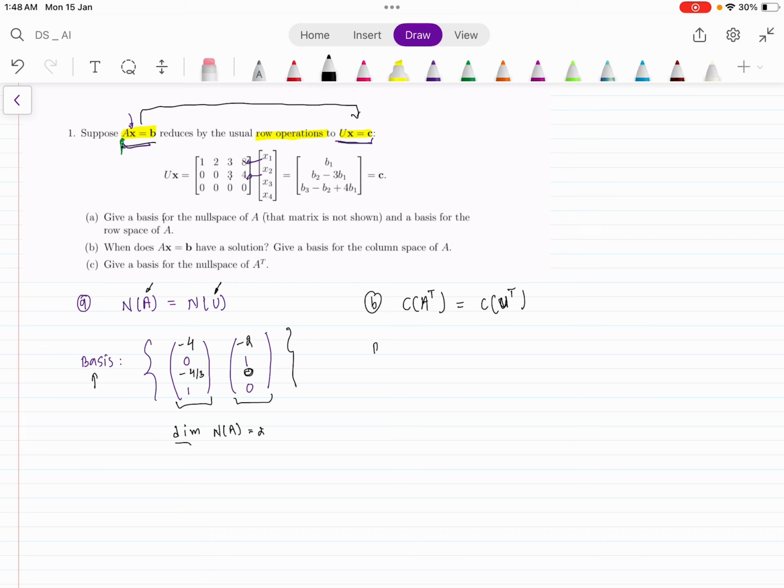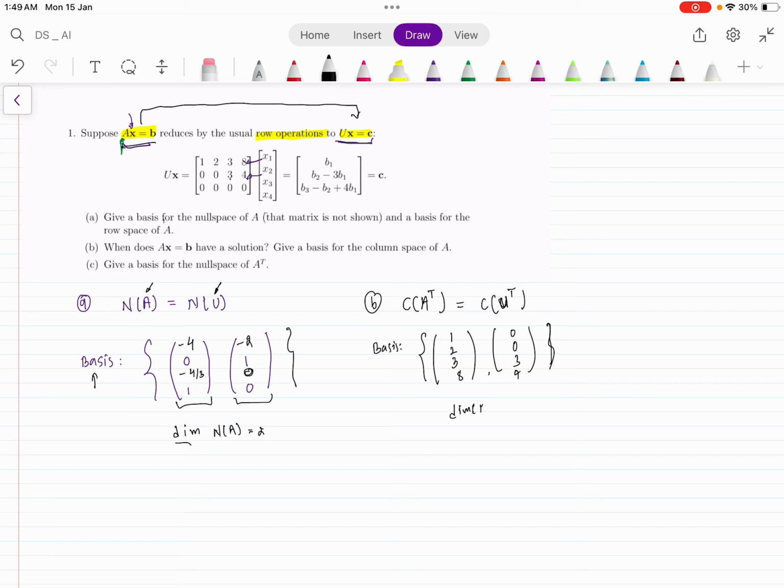And the basis will be (1, 2, 3, 8) and (0, 0, 3, 4). So these two vectors are the basis of the row space of A, or you can say the row space of U.